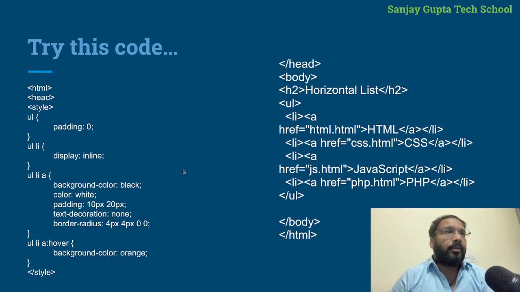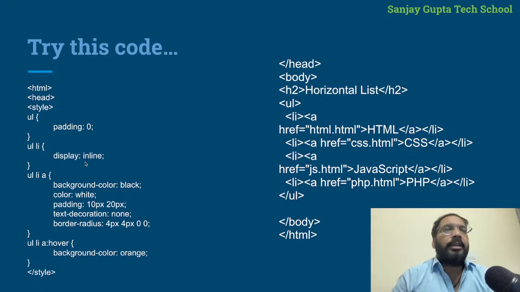Under style we have unordered list, padding is 0, then inside unordered list we have LI. If you see on the right-hand side, inside unordered list we have one more element, that is LI, and inside LI we have the A element. So for ULLI, display will be inline.